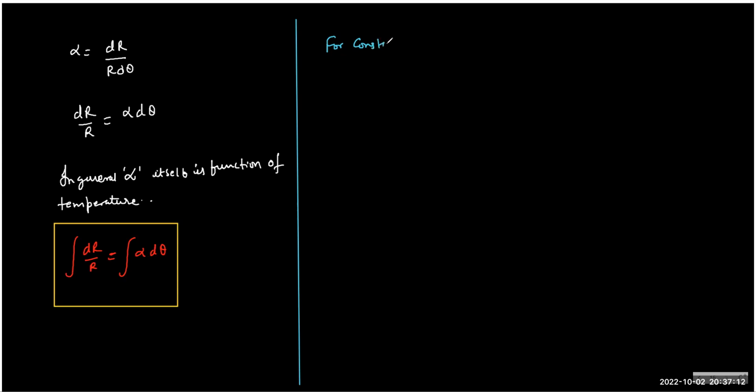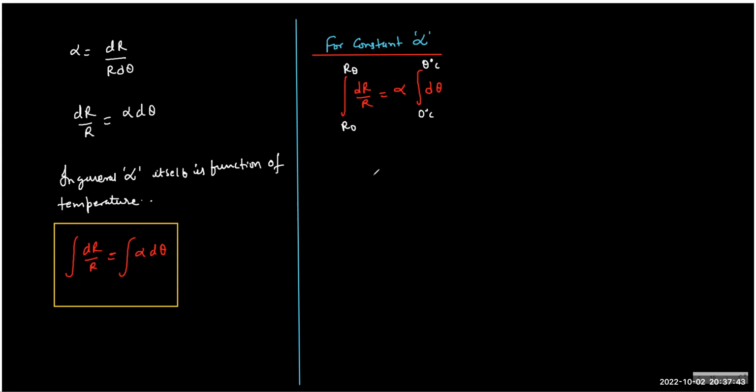So for constant alpha, we can take it out. And as a general trend, at 0 degree we write R0, and for theta degree Celsius we write R theta.